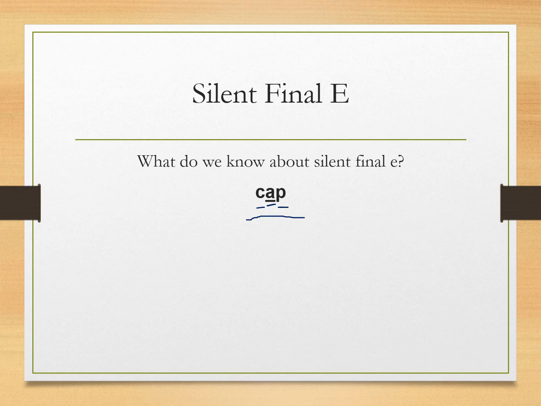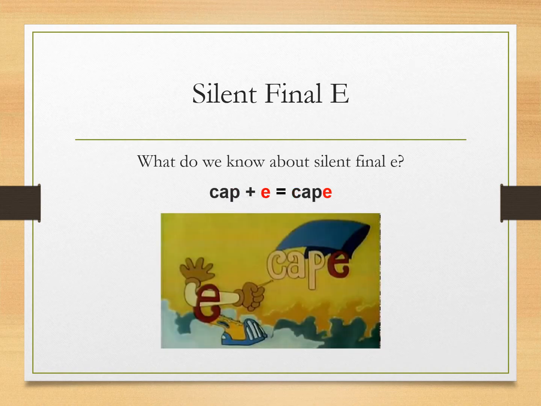Now, what happens when we add a silent final E to the word cap? We get the word cape, like magic almost, except it's not magic, it's phonics. Adding a silent final E can change the whole sound that a vowel makes, and it can change the whole meaning of the word, cap, cape.